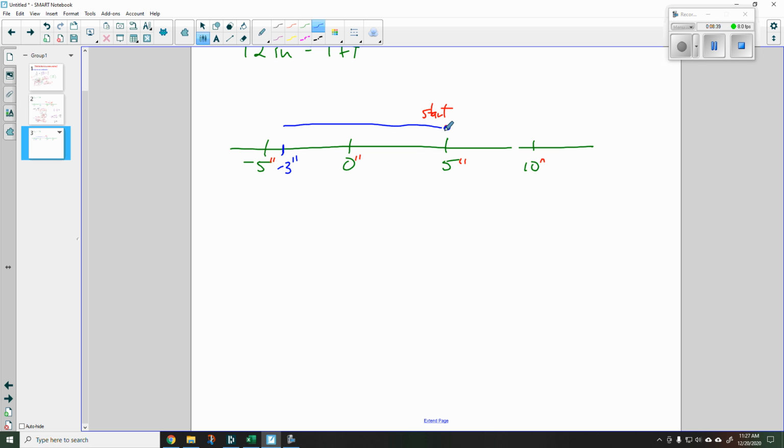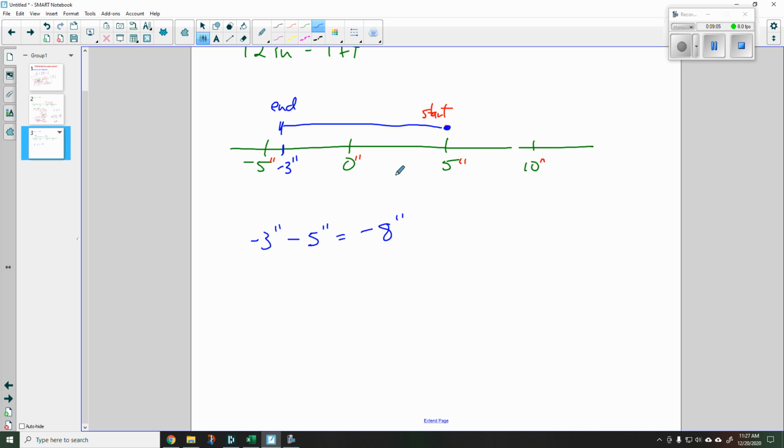So here's my start. Here is my end. So I want to know how far have I gone? Well, again, I start with my end point, which is at -3 inches, and I subtract my beginning point, which is 5 inches, and I can see that I have gone -8 inches.